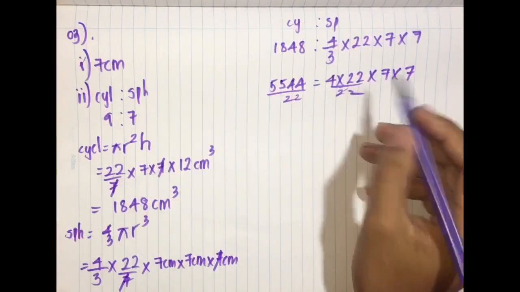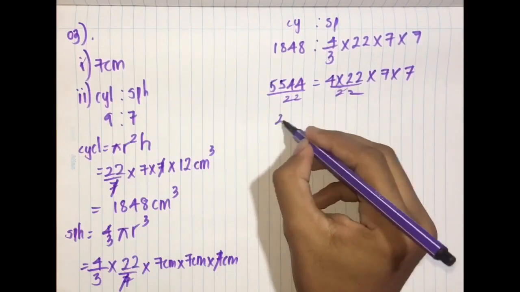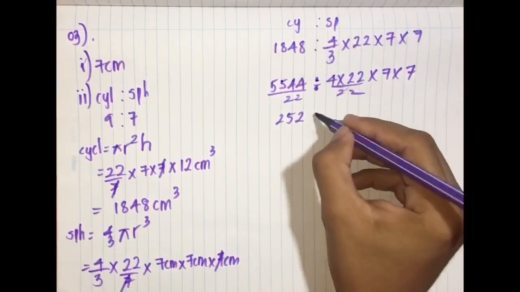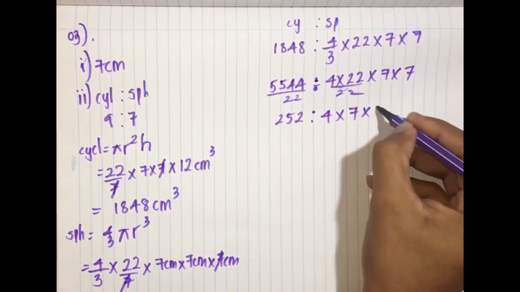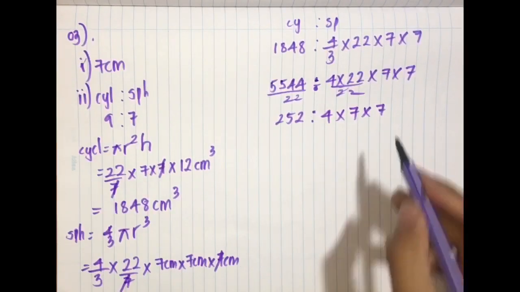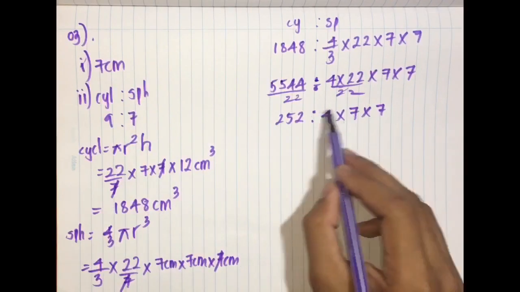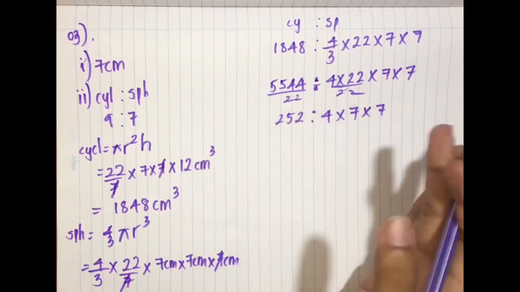That will give me 252. It will keep us with 4 into 7 into 7. Now since you want only 7 to stay on the other side, let us take this 7 into 4, that is equal to 28, and divide both sides by 28.